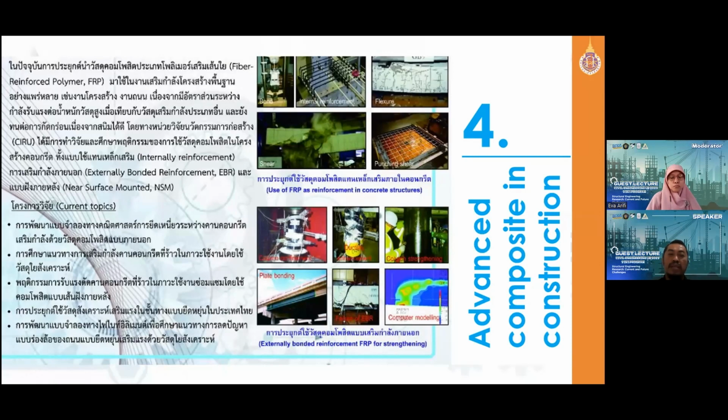To do that, you need to understand the behavior and the design concept first, and you also need to understand issues such as bond interaction between FRP and concrete, serviceability prediction, crack width, deflection, as well as ultimate capacity: shear capacity, moment capacity, axial capacity, and torsional capacity.